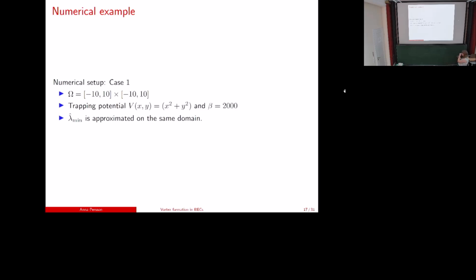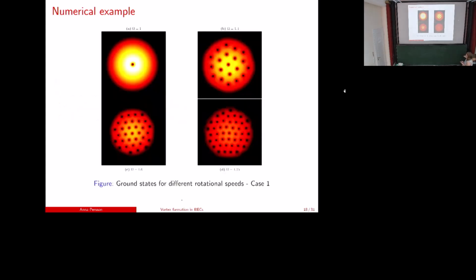You have a rather high value of beta, and I approximate my minimal eigenvalue, that will give me the bound of h, on the same domain. So this is what we saw earlier for different rotational speeds. This is what I call case 1.